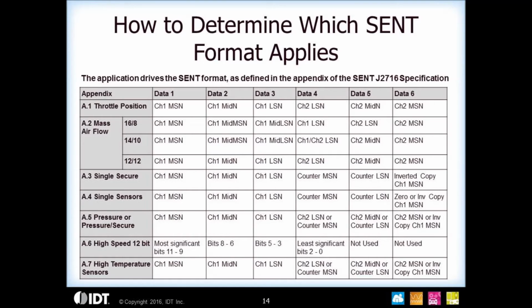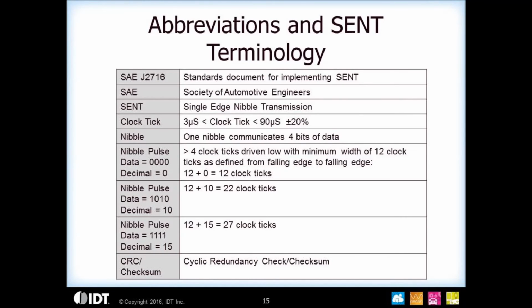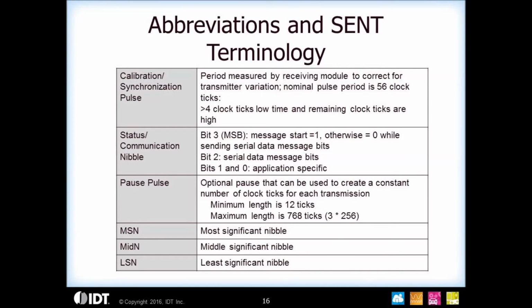And I've included a table here to show what the different formats are for bringing out the data. So in some cases there's 2 channels, in other cases there's a single 12-bit channel, whether it's the standard format or the single secure message. So you can look at this, and this tells you what the format should be for different applications.